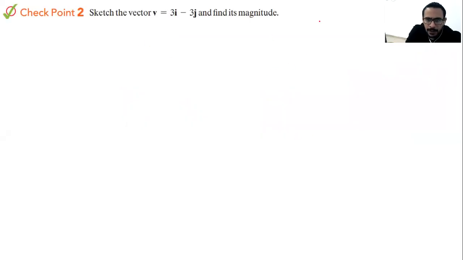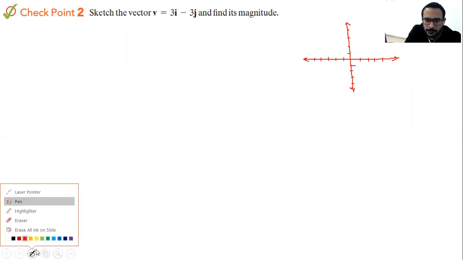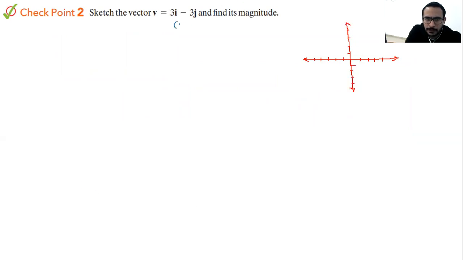Let's sketch the graph of this vector and then find its magnitude. The point here is 3 and negative 3. So I will move 3 units, 1, 2, 3, and then negative 3.